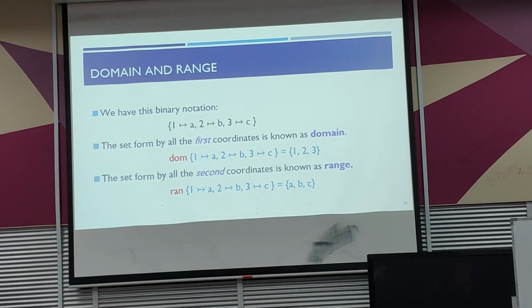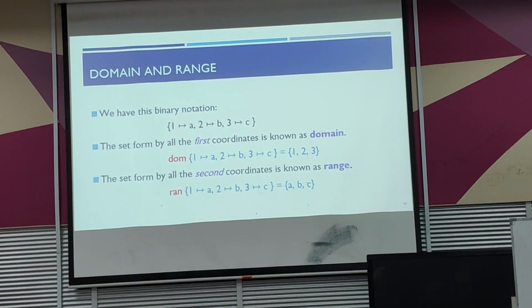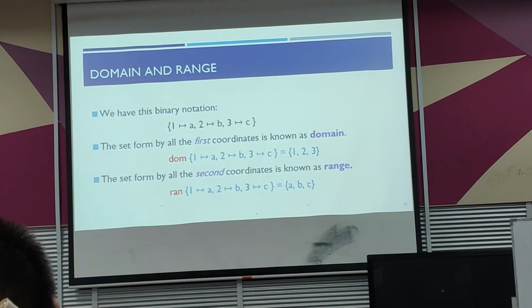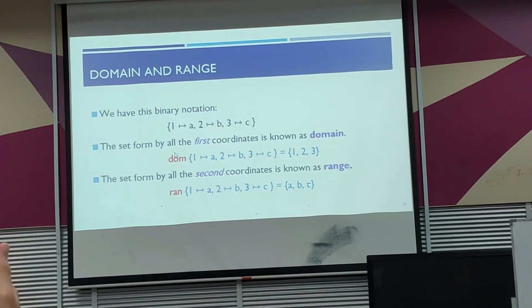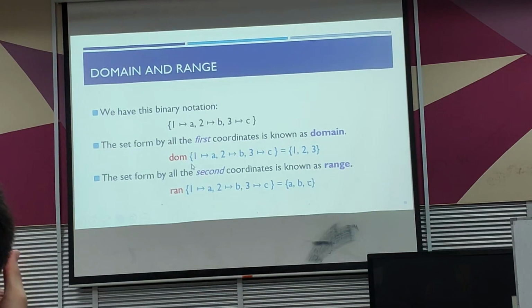Because first and second is one record only, if you want to show all the records from the first coordinates, we have to use domain. If you want to show all the records from the second coordinates, we use the word range. The keywords that you have seen before are dom and ran.